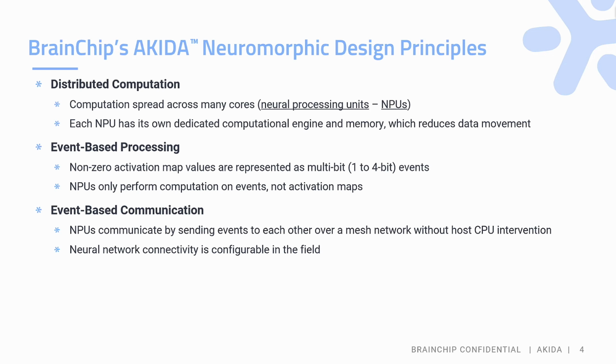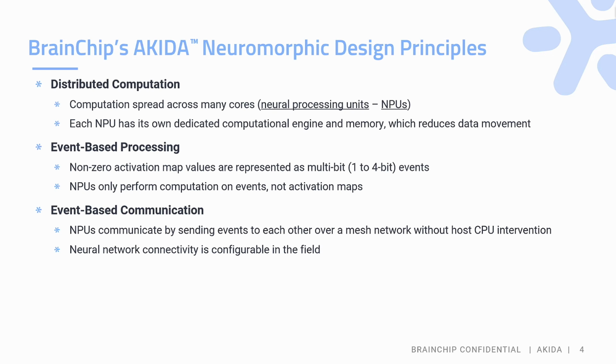The third thing is that the neural processing units use event domain processing. They take a set of events coming into the input, process them, and decide whether there should be a spike that should be communicated to the next layer. They communicate over their own mesh network, so you don't need a CPU to communicate between layers of a network.